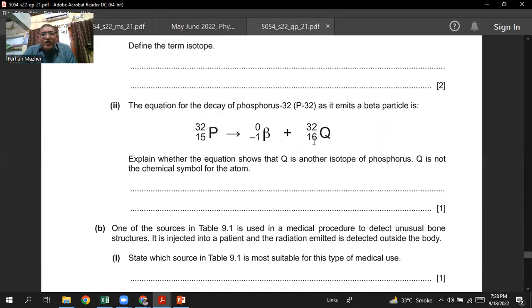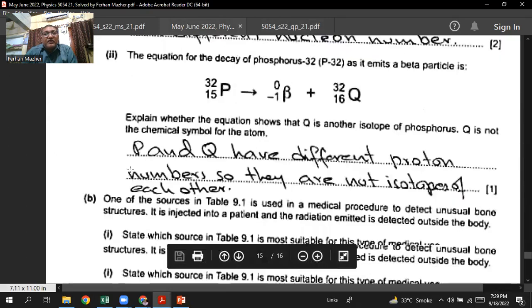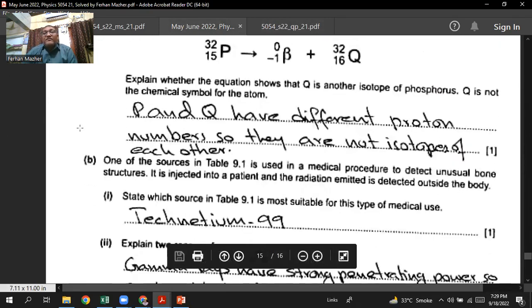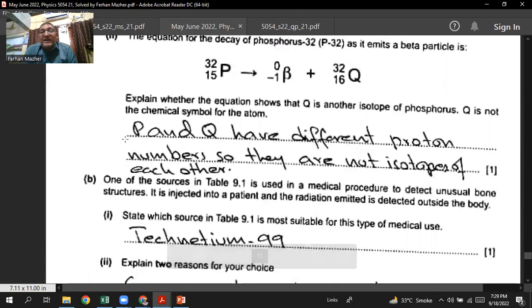The reason: you see, its proton number is 16, and the other's proton number is 15. For isotopes, the proton number is always supposed to be the same. Their proton numbers are not the same. So P and Q have different proton numbers, so they are not isotopes of each other. Simple.